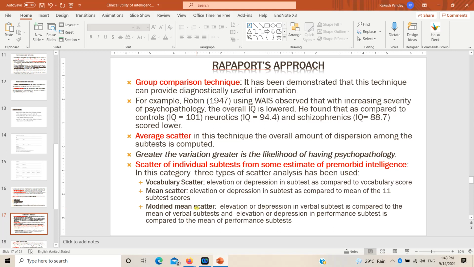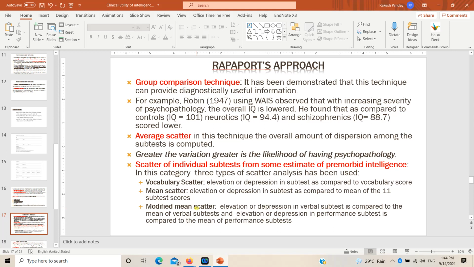He said that mean scatter suffers from a limitation, that we are clubbing theoretically two distinct types of IQ, the verbal IQ and the performance IQ. So it is better to compare the performance subtests with the mean of performance subtests and the verbal subtests with the mean of verbal subtest scores. This is called modified mean scatter.